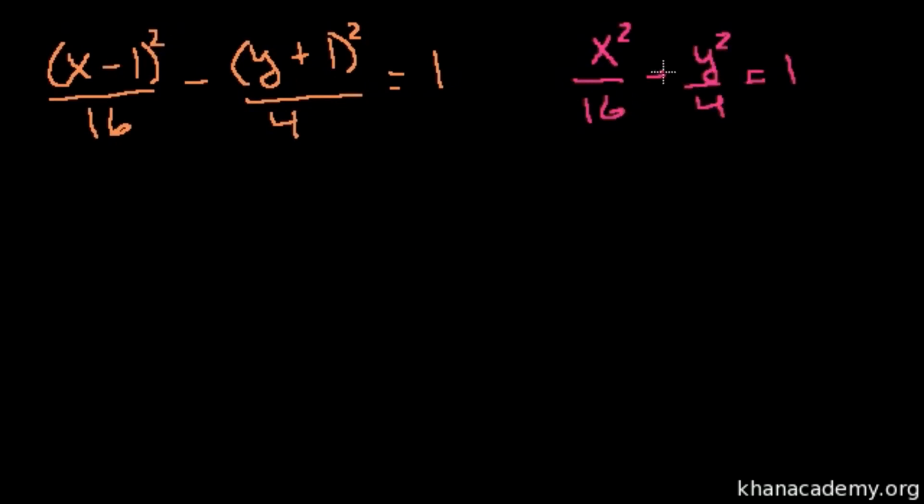And the difference between this hyperbola and this hyperbola, the center of this hyperbola is at the point x is equal to 1, y is equal to minus 1. The way to think about it is x equals 1 makes this whole term 0, and so that's why it's the center. And y equal to minus 1 makes this whole term 0. And on here, of course, the center is the origin.